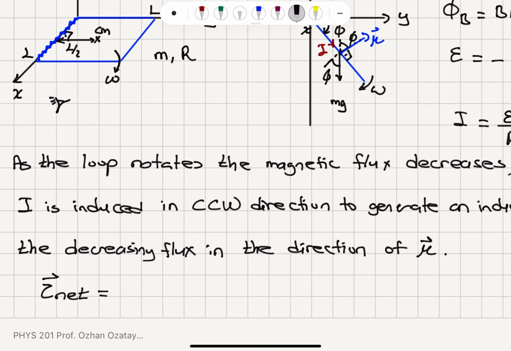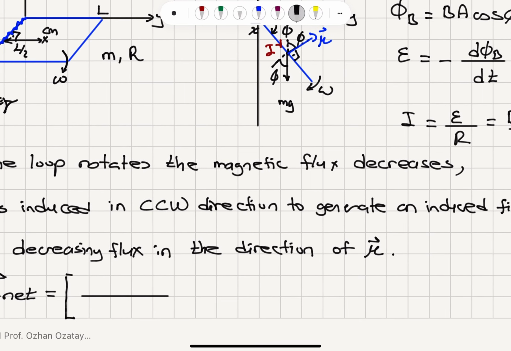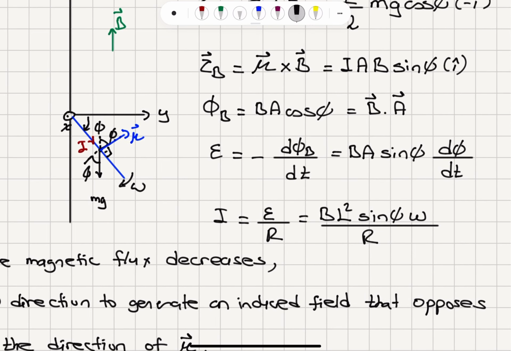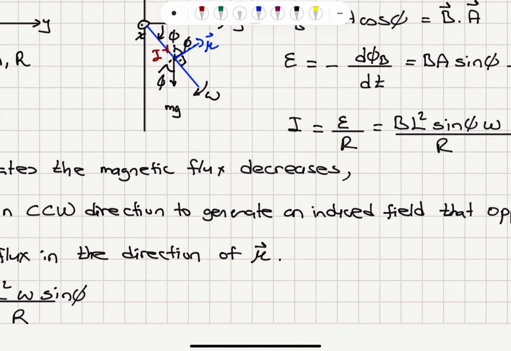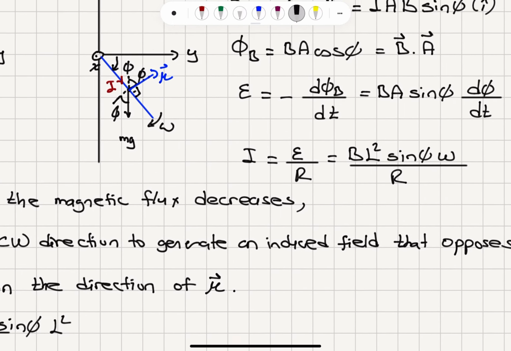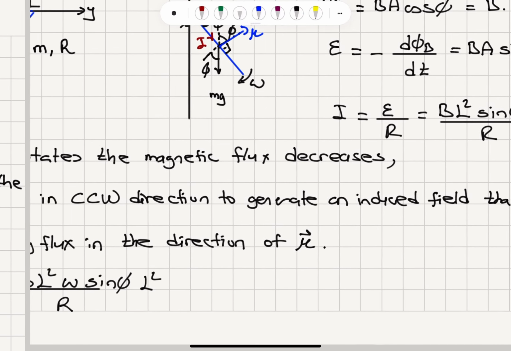There is the magnetic torque, I is B, capital B, L squared omega sine phi over R. I multiplied by area is L squared, and then we have magnetic field B and sine phi.